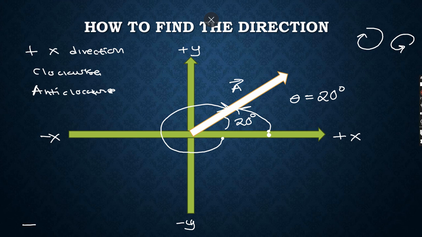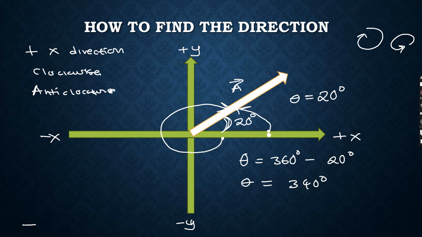To find this angle, as you can see, this is almost making 360 degrees. So to find the direction now, you say 360 minus the 20 which has been given, and our theta is going to be 340.